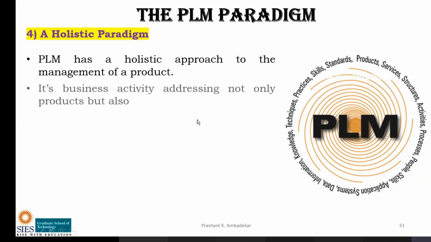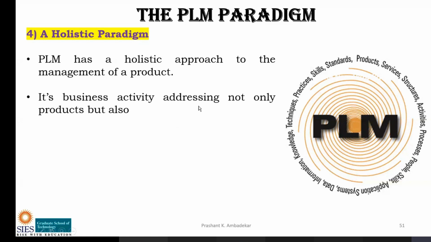It's a business activity addressing not only the product, but also the organizational structure of the product and the working methods. If the working methods are not good, maybe the product that is coming out may not be good. PLM also works on the processes involved in the manufacturing.